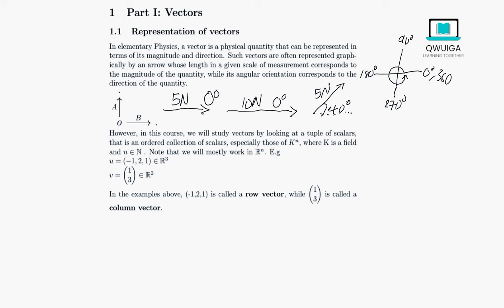However, in this course, we'll study vectors by looking at a tuple of scalars. A tuple simply means an ordered collection of scalars, especially those of K^n, where K is a field and n is a natural number.